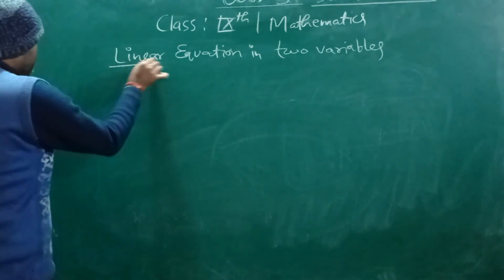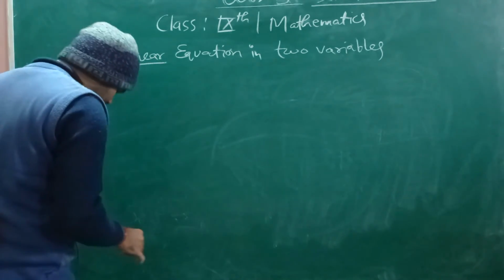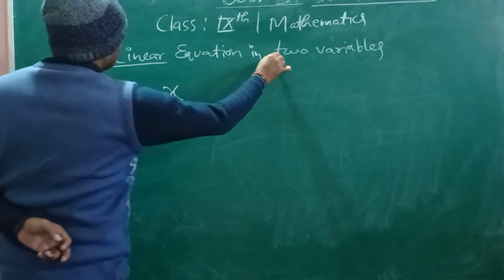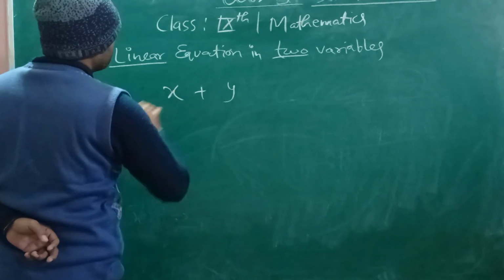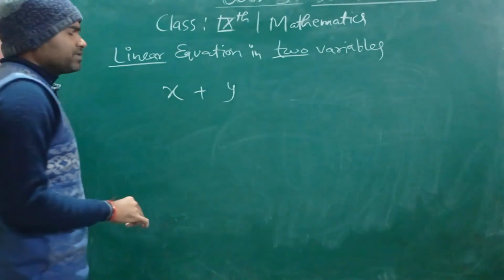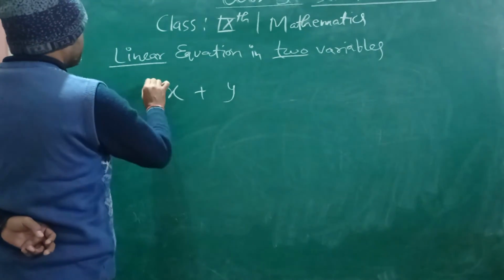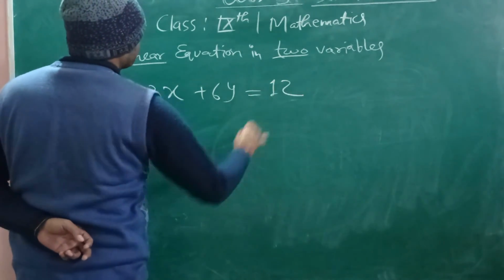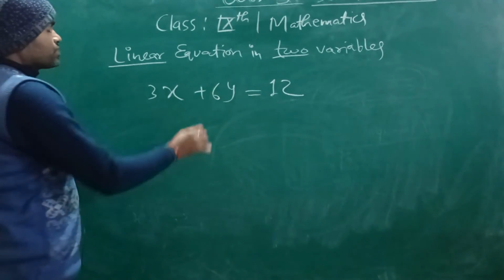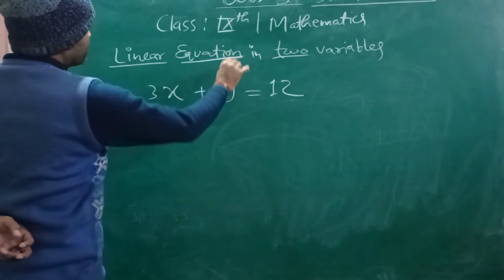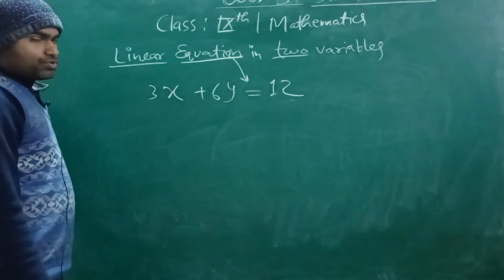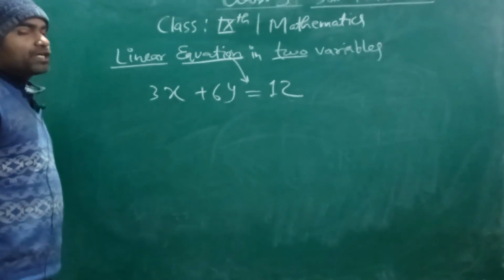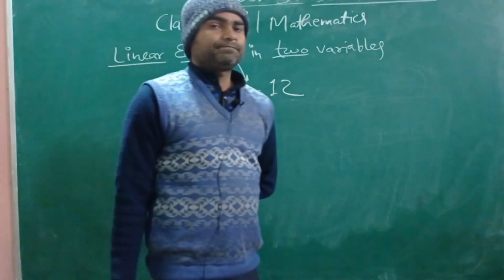So in case of linear, you should take care that power should be only 1, and the variables should be 2, x plus y, x minus y. It is your choice. 3x plus 6y is equal to 12. Because for equation you need equal sign. 2 variables are x and y, linear, their power is 1, and equation should contain equal sign.